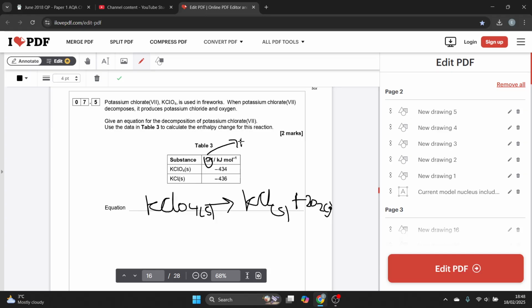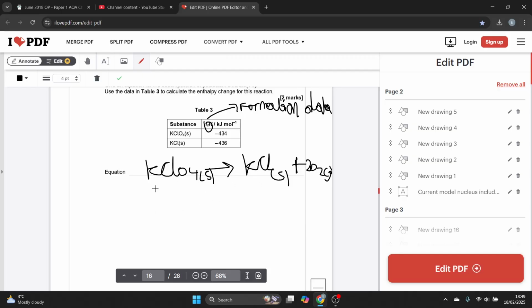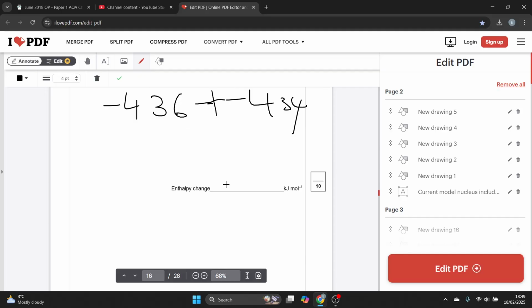That little f tells me it's formation data. So enthalpy of products, KCl, and obviously oxygen by itself is 0, so we don't care about that, even though it's got 2 moles. So enthalpy of products, minus 436, minus enthalpy of reactants, minus 434. That is the same as adding, so it's going to be minus 2 kilojoules per mole to the power minus 1.